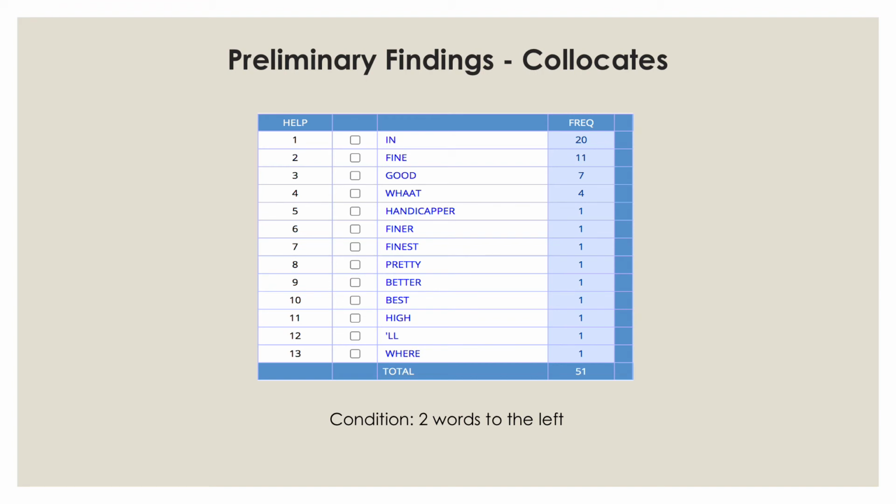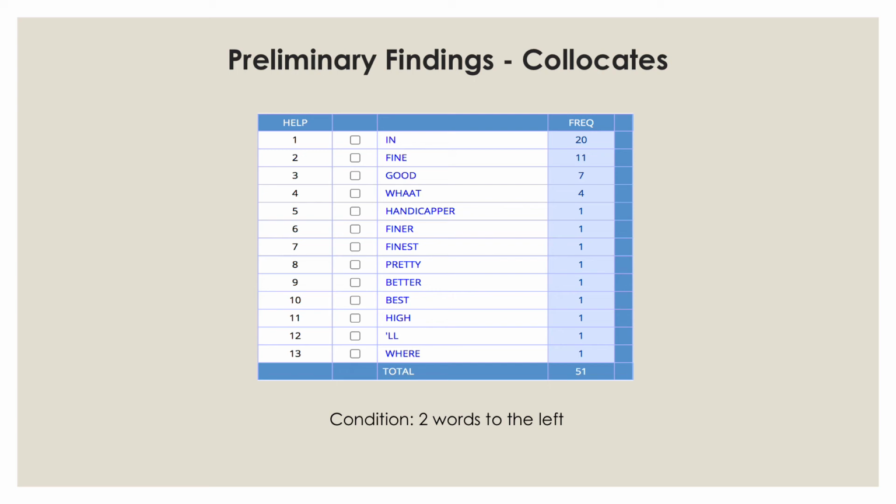So now we'll look at the words that collocate with fettle in the BNC, and we'll see a similar trend to COCA. In and fine are the most frequent, and we also have lemmas such as finer and finest. We also have instances of good, which is interestingly more frequent in British English than American English.